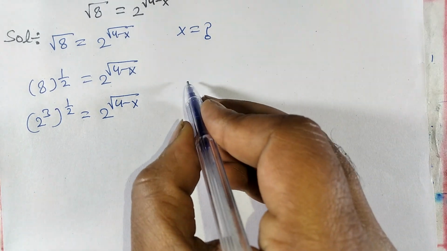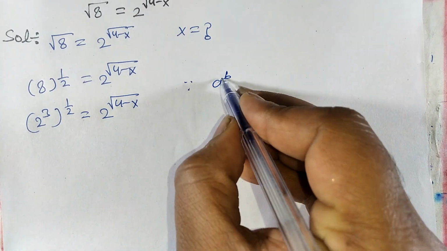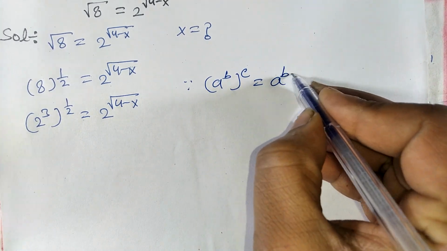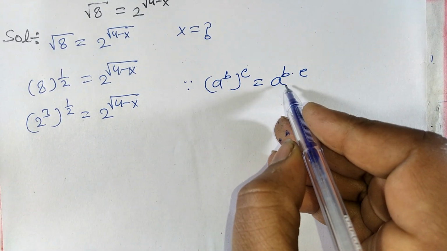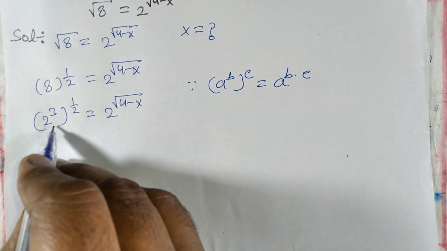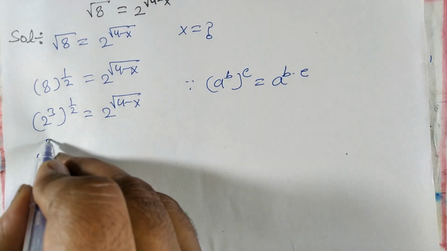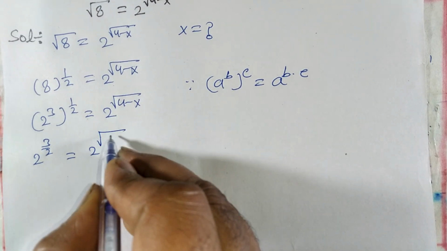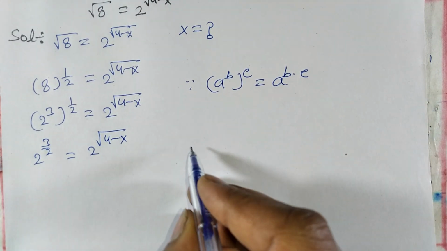If we have a to the power b whole to the power c is equal to a to the power b into c, by using this rule on this side, 2 to the power 3 by 2 is equal to 2 to the power square root of 4 minus x.